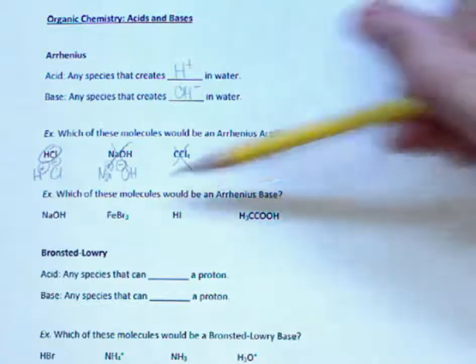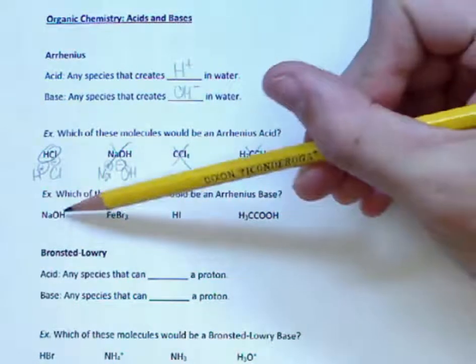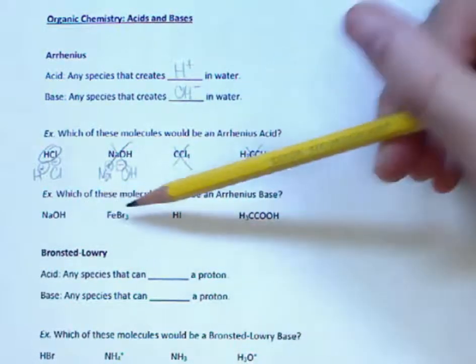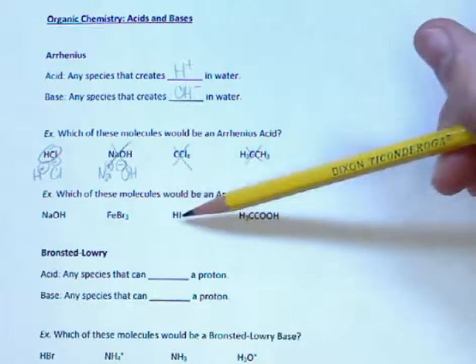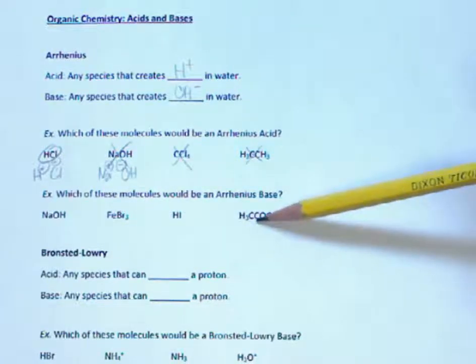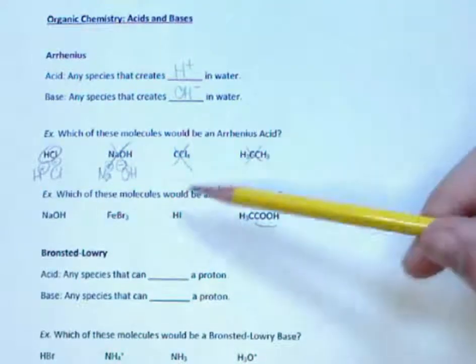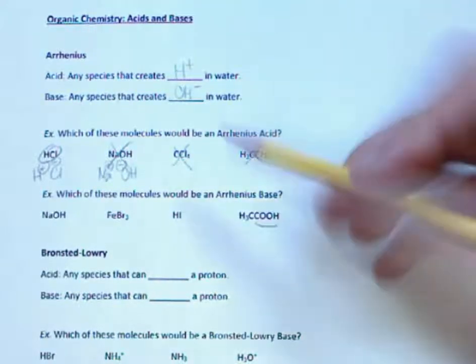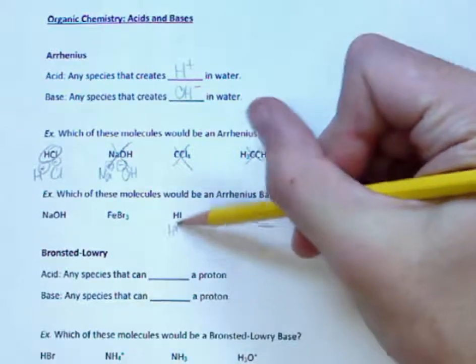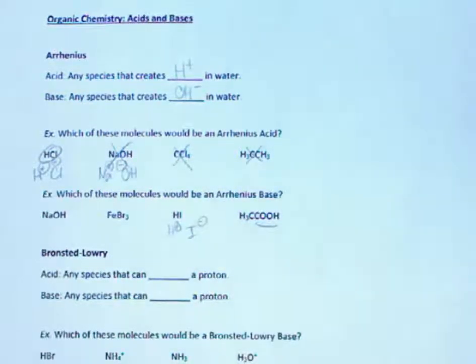For an Arrhenius base, we have the options of NaOH, FeBr3, HI, or a carboxylic acid. With HI, we would get H+ and I-. That would not create OH- in water.